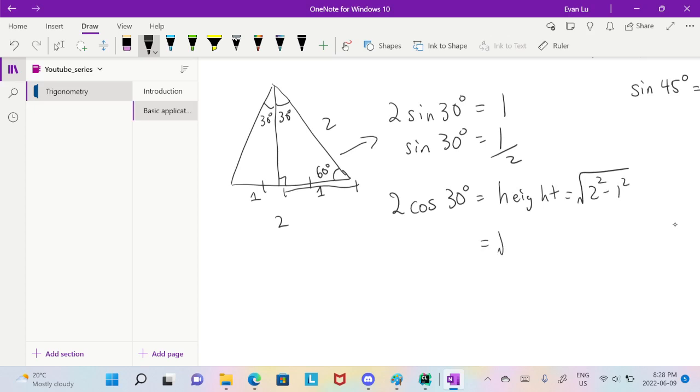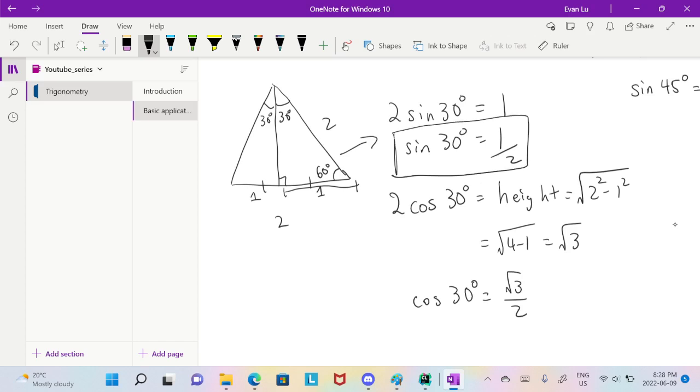And that's the square root of 4 minus 1, which equals the square root of 3. So then I can say that cos 30 degrees will be the square root of 3 divided by 2.